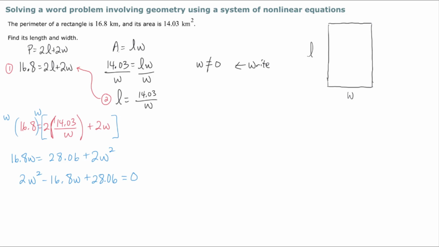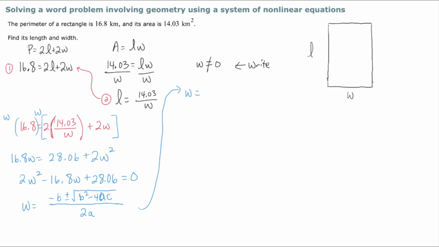Now because we have decimals, don't even bother to factor this. Instead, we're going to use the what? Quadratic formula. Negative b plus or minus the square root of the quantity b squared minus 4 times the quantity a times the quantity c all over 2 times a. And we're simply going to substitute for w. Let's see.